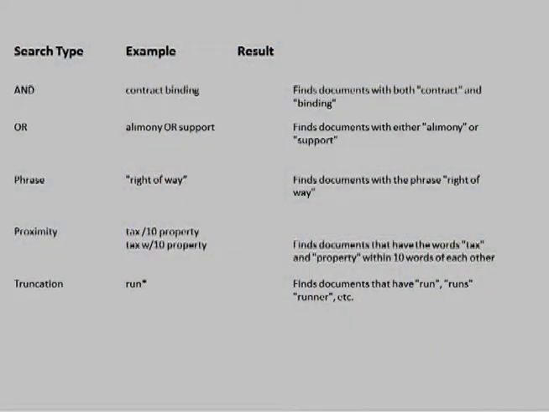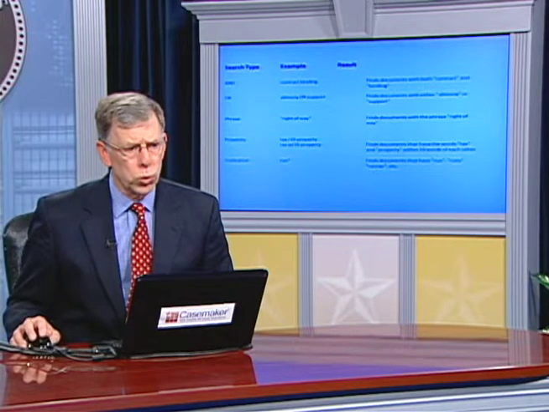This is a brief sampling of the connectors that we have available: the AND connector, the OR connector, how to create a phrase out of search terms, and the proximity connector, which you'll see that you can use either a slash and then a number, or a W slash and then a number. And then the truncation device, which gives you any ending on a root word.